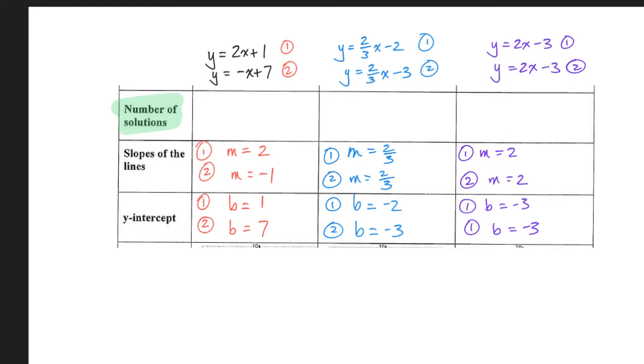If we recall, the solutions to a system are the points of intersection. Then really what I'm asking in this case is not what is the solution, but what is the number of solutions. So, how many points of intersection do I have within each system?